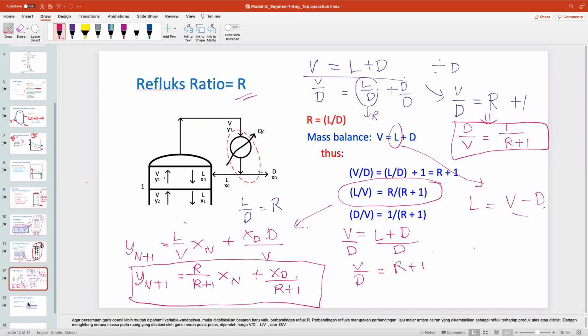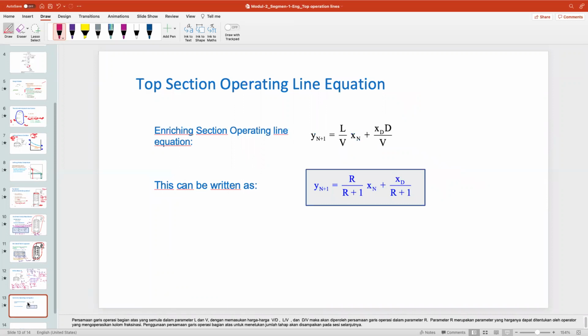So then we end up with this one. This is called the top section operating line equation. You have to remember the top section operating line equation. And what is the purpose of this top operating line equation? If it is tray number n, then this one is x n and this one is y n plus 1, which goes inside.